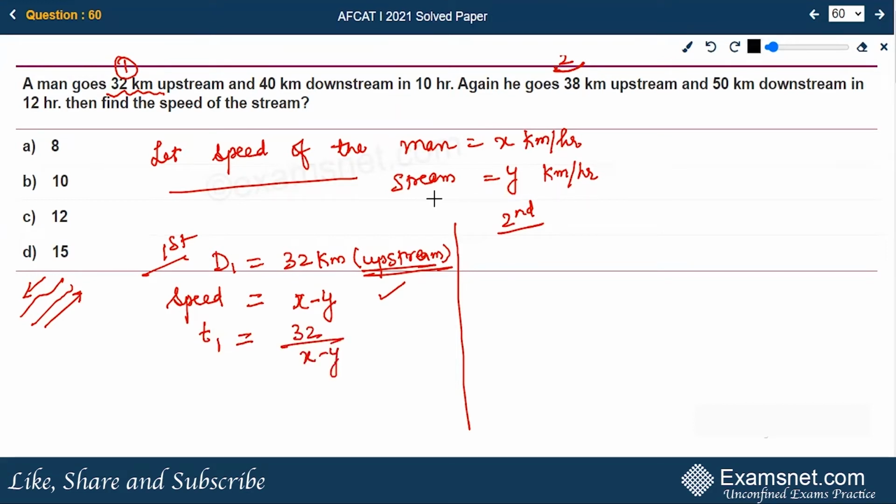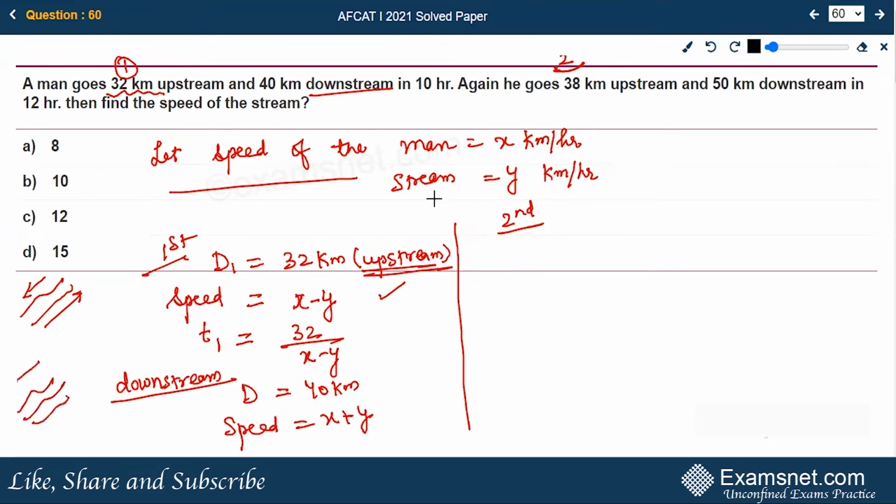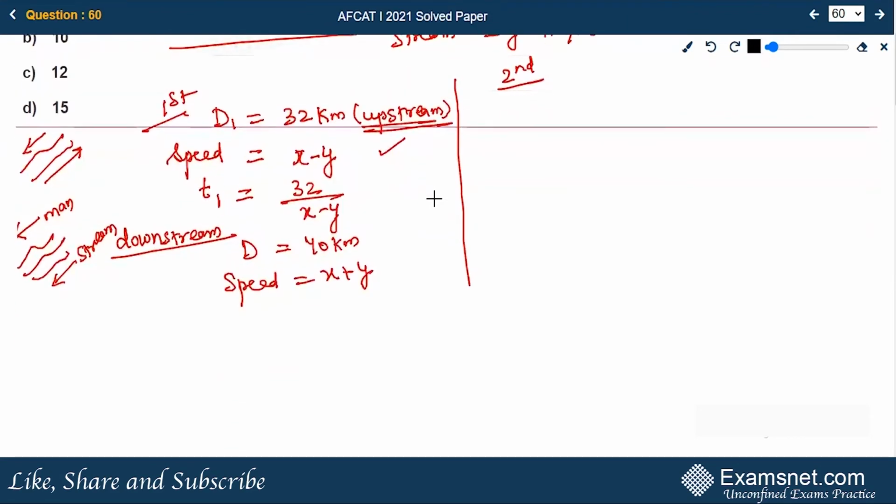Similarly, for the downstream, the distance he covered was 40 kilometers. Speed in this case will be the sum of the two. Why? While the man is going downstream, this is the direction of man's speed. This is the direction of stream speed. Obviously, they are in the same direction, so the two speeds will add.